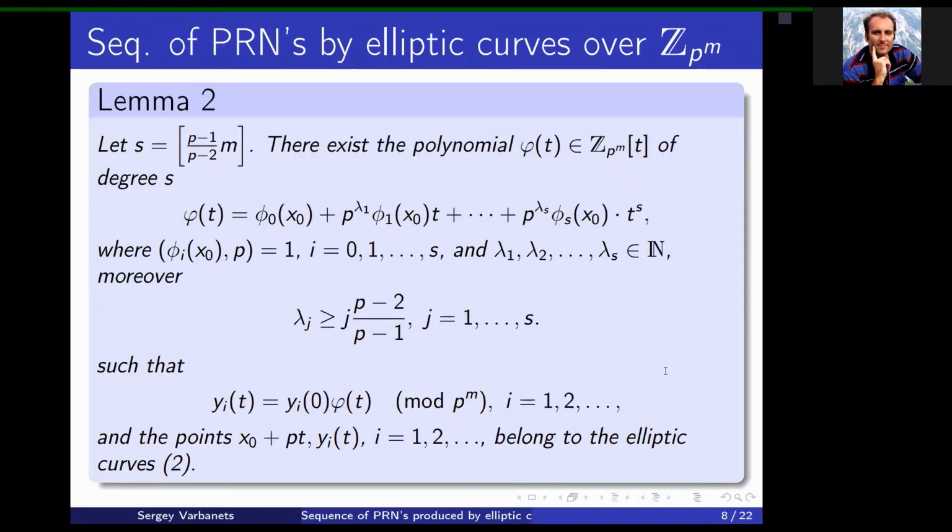Also, we prove the following lemma, where we obtain the representation phi(t) that allows us to construct the solutions y_i(t), the points y_i(t) that together with points x, y belong to the elliptic curve 2.